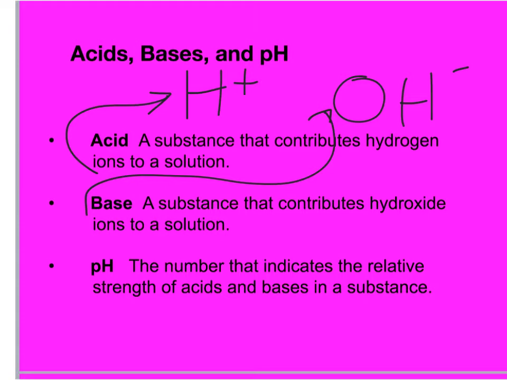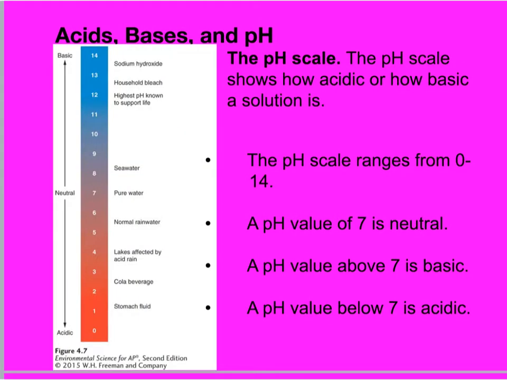The pH scale is also logarithmic, meaning that each number on the scale changes by a factor of 10. For example, a substance with a pH of 5 has 10 times the hydrogen ion concentration of a substance with a pH of 6, and it's 10 times more acidic.